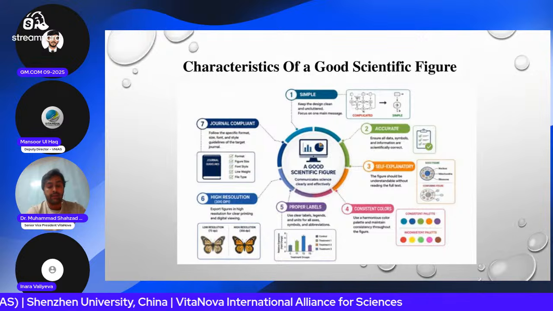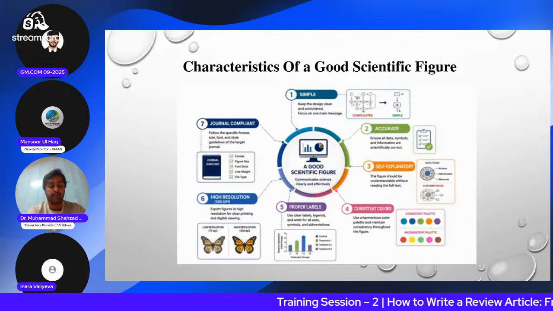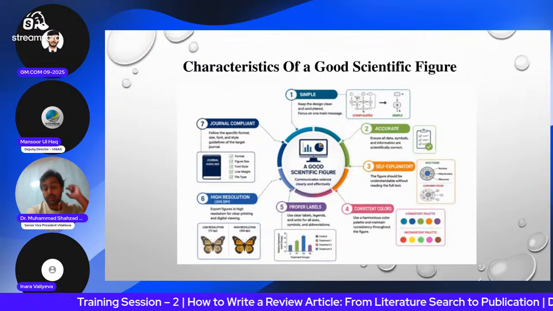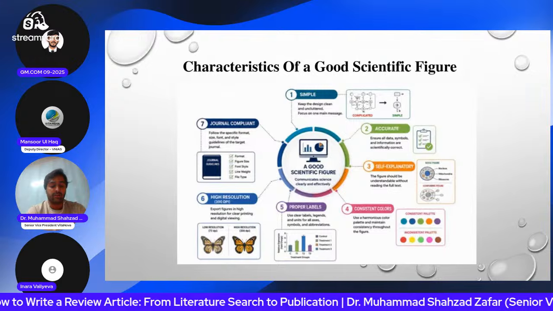Images must remain clear after publication, zooming, or printing. The resolution should be according to the journal's specified resolution characteristics according to that format. And number 7, journal compliant.